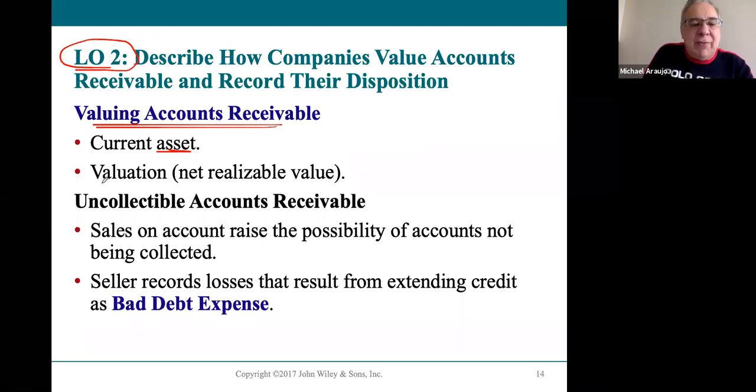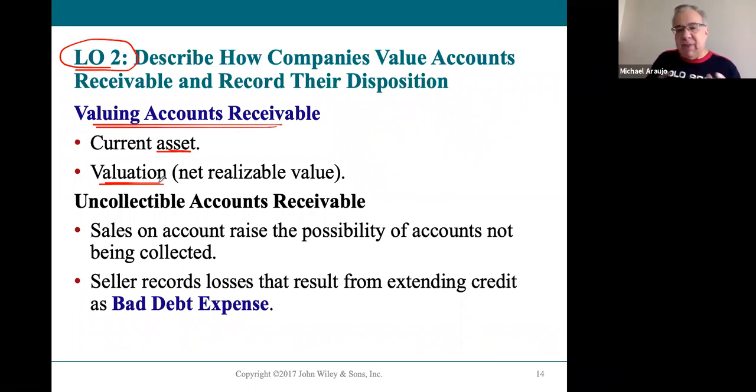Well, we have to come up with some situation, and you're going to see how they did, to allow for some of these accounts receivable to be, in essence, uncollected. Okay, there's going to be some portion of businesses who owe you money that can't pay. Look what happened here with COVID. Imagine you're a business, you do business with other businesses.